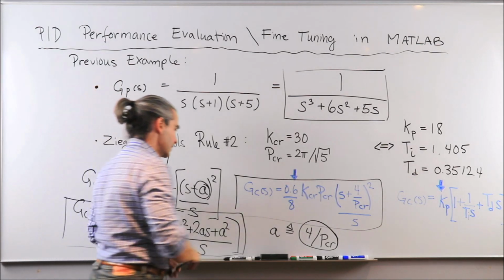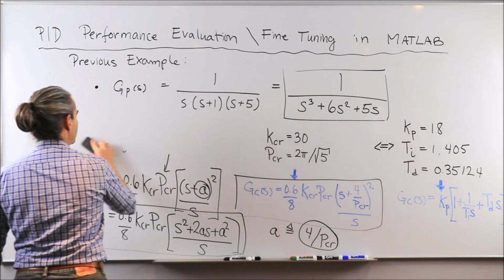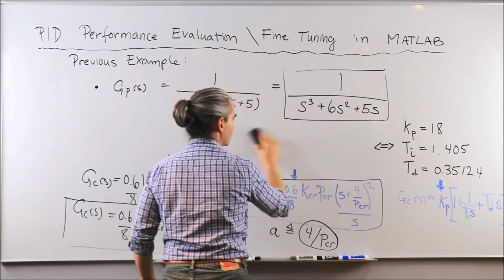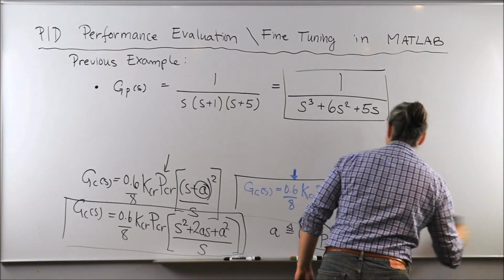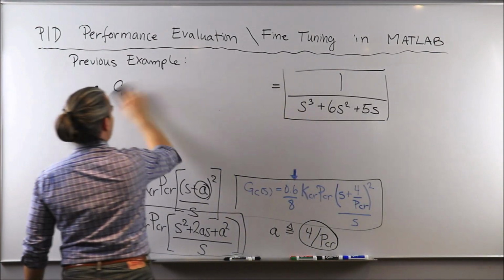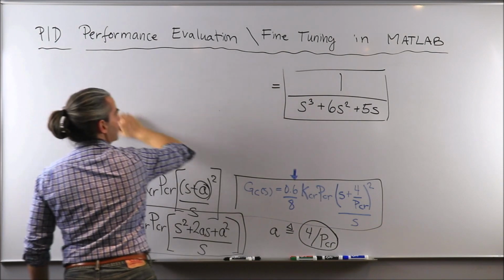Now the second methodology we'll have a look at to design our PID control law is to automate the iterative process of trials and errors to select our control parameters.